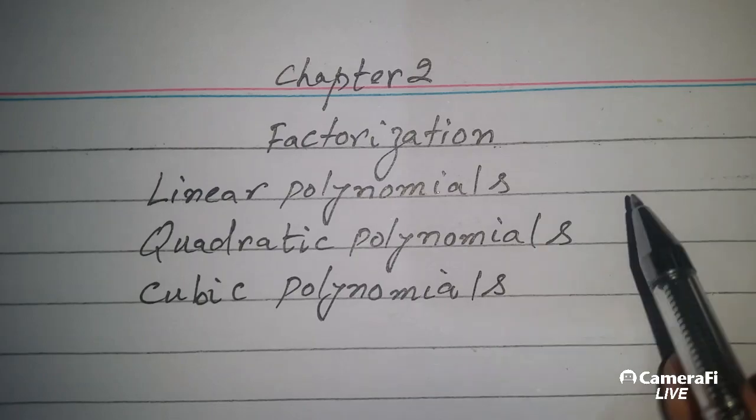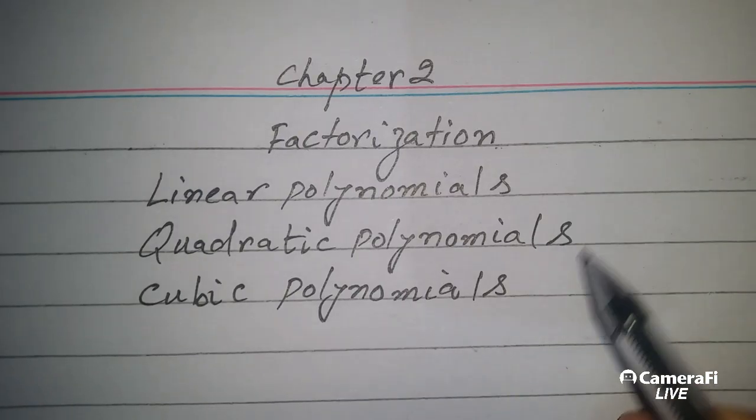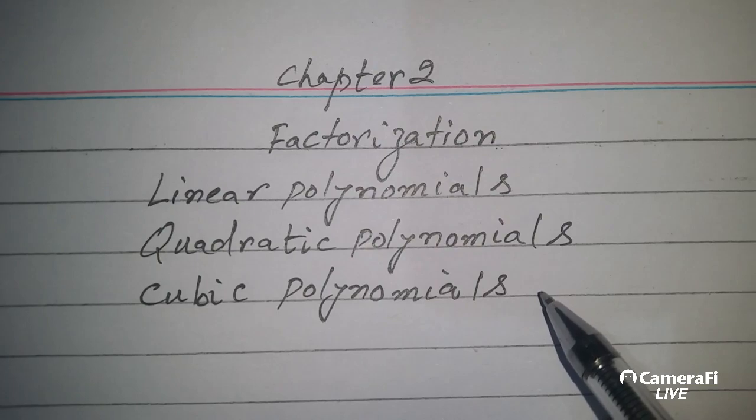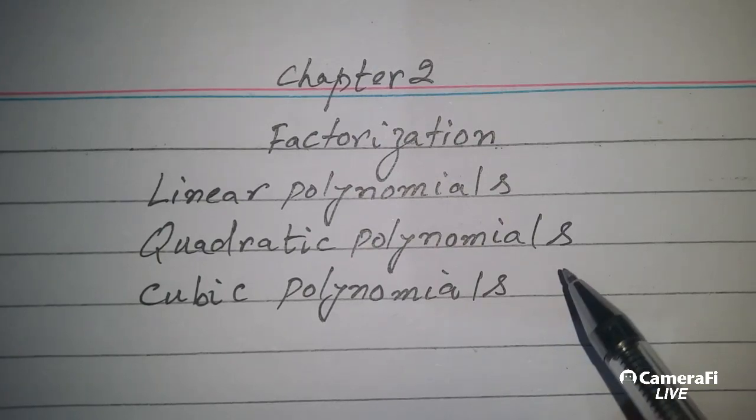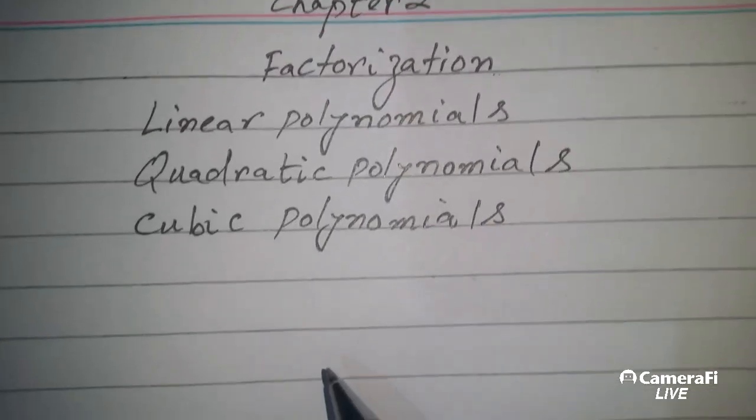Quadratic polynomials are those in which the power of the variable is 2, and cubic polynomials are those where the power of the variable is 3. Let's have an example.